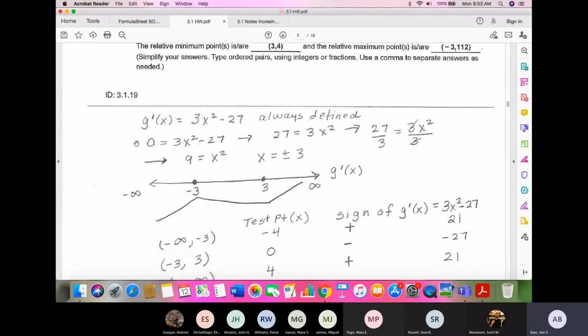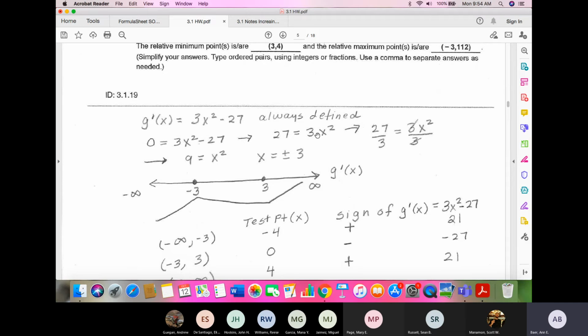So we want to just solve this for x, however you're comfortable solving it. So let's go this direction. I'm going to move this minus 27 over to the other side. That's then going to become positive 27 on this side. Then I want to solve for x squared.